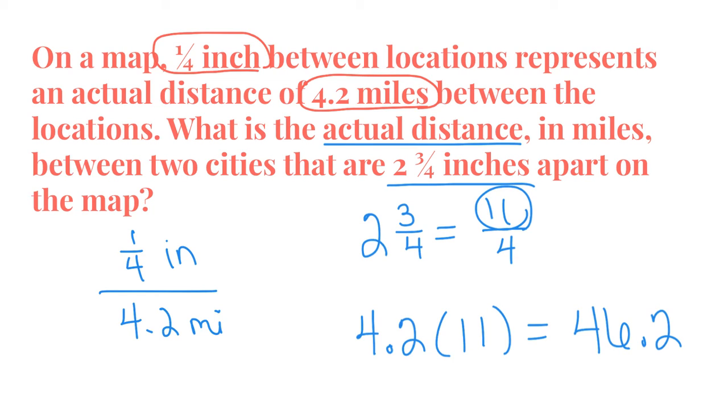I said if you were good with cross multiplying, this would be a good cross multiplying question. You have your 1/4 over your 4.2, and your 2 3/4 inches over the missing miles. So if you cross multiply 2 3/4 times 4.2 and then divide it by 1/4, you would also get the same answer. So however you think through your problems, you should be good on this one.